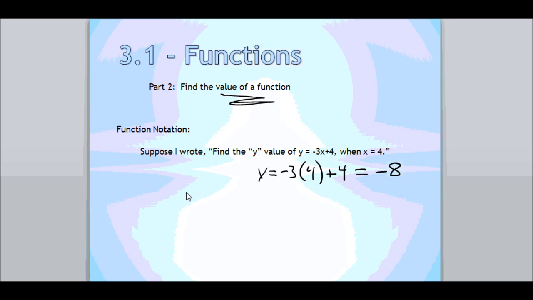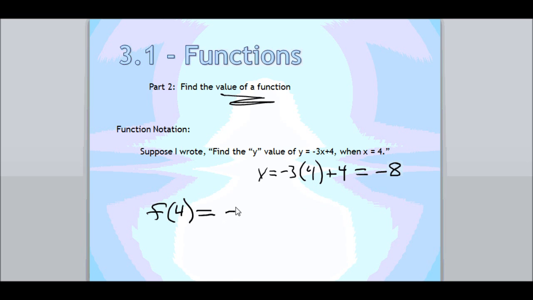But now what we're going to do is introduce the new notation, which would look something like this. So instead of saying find the y value when x equals 4, we would say f of 4. And that's saying find y when x is 4.